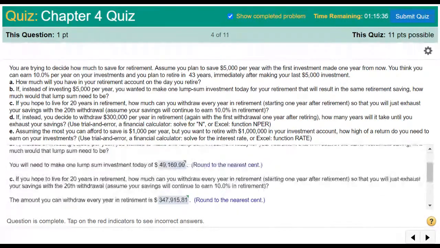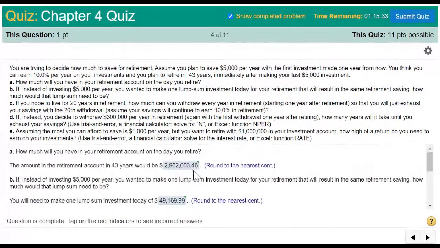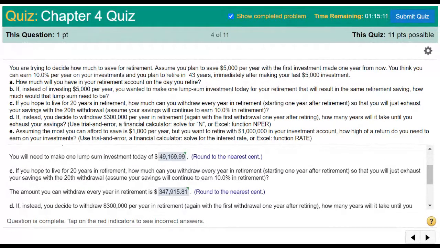Now, for this part, you're going to say N equals 43. Payment is 0. IY is 10%. Future value is 2,962,003.46, and then compute for present value. That's this amount right here.